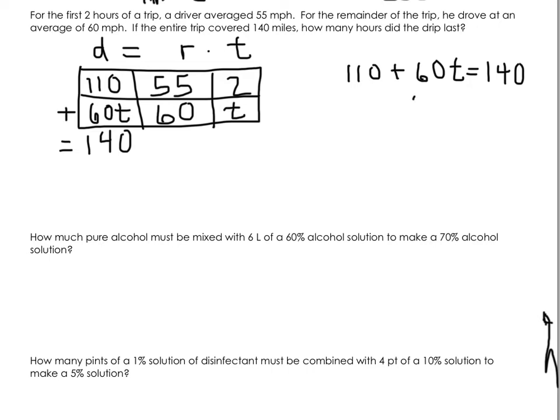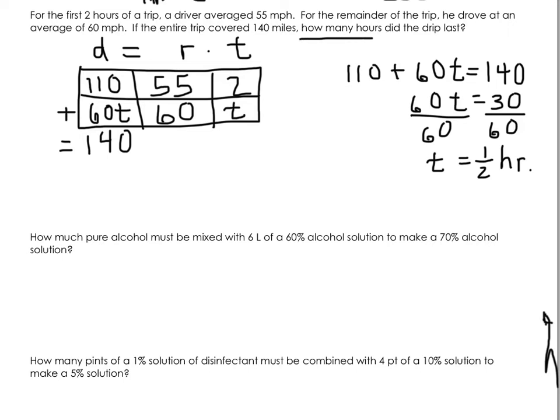Subtract 110 from both sides. 60t equals 30. Divide both sides by 60, and you get t equals 1/2. 1/2 of an hour. What is our question we're supposed to answer? How many hours did the trip last?